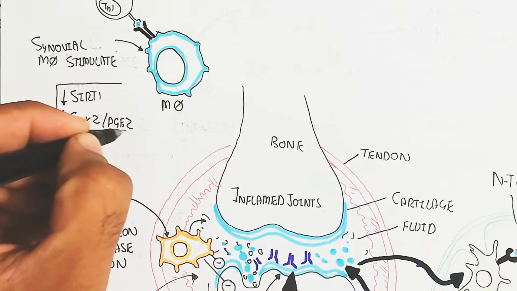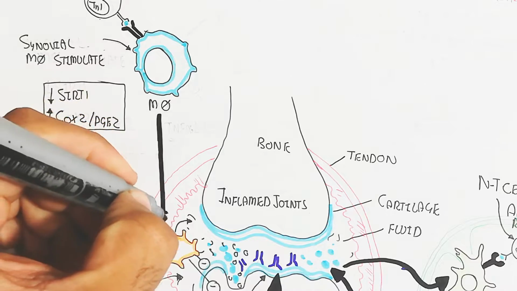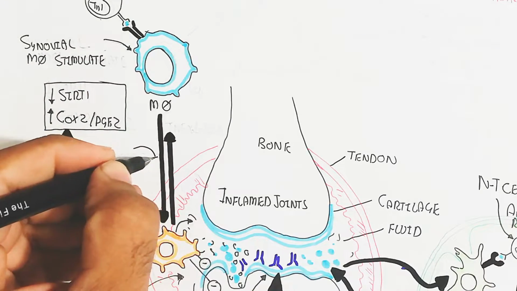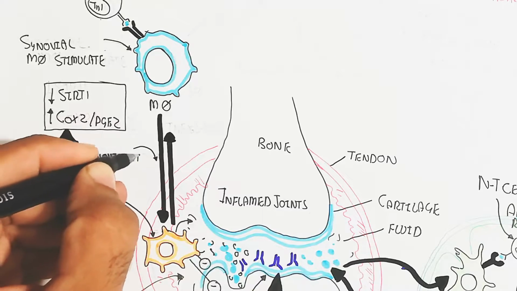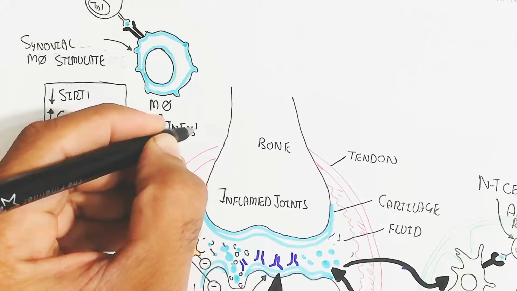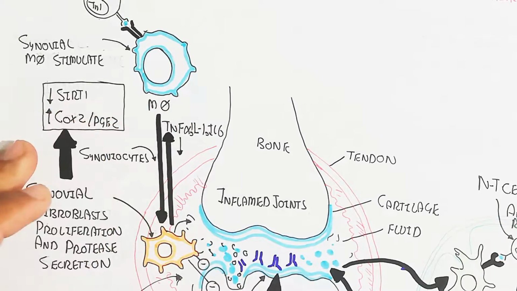Also, the synovial fibroblast will trigger SIRT1 gene degradation, decreasing it, and cyclooxygenase 2 and PGE2 increase. But the macrophage releases tumor necrosis factor alpha and interleukin 1 and interleukin 6.